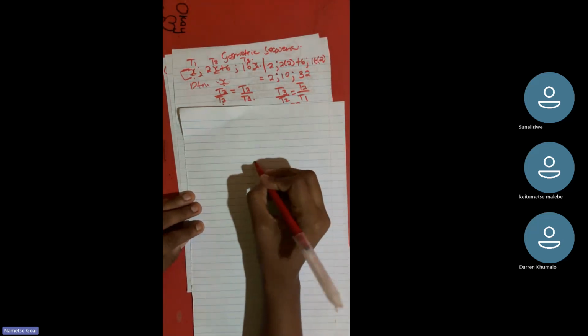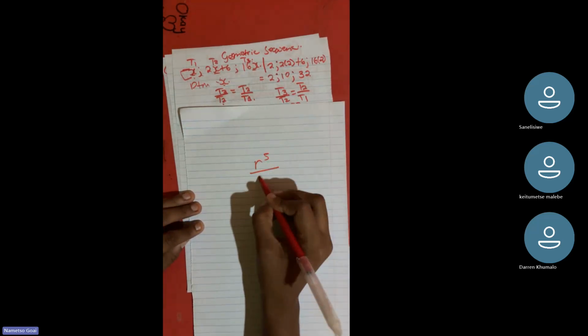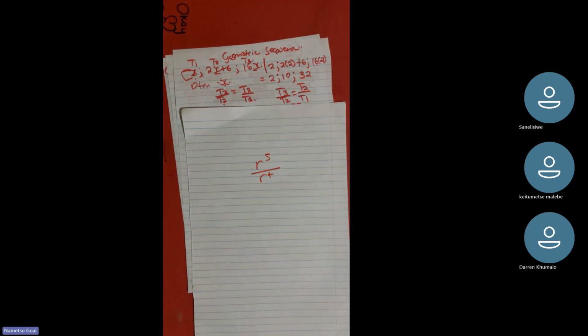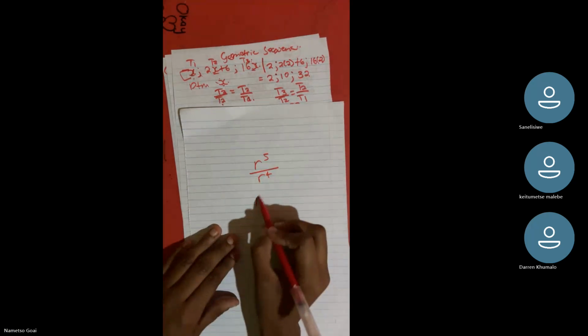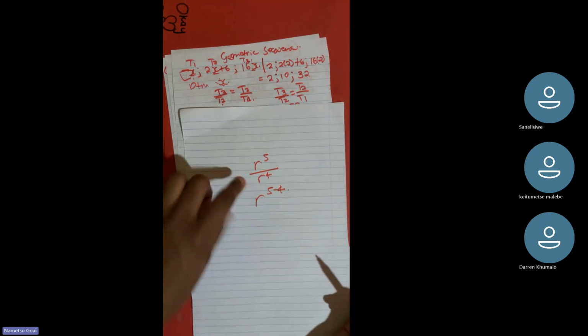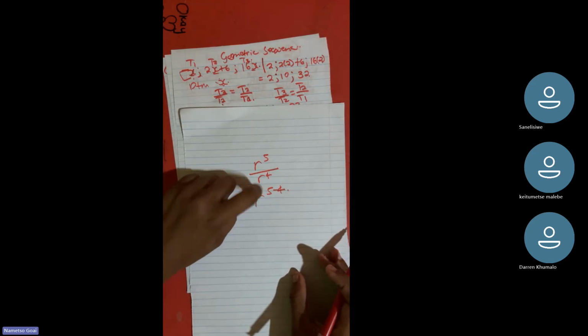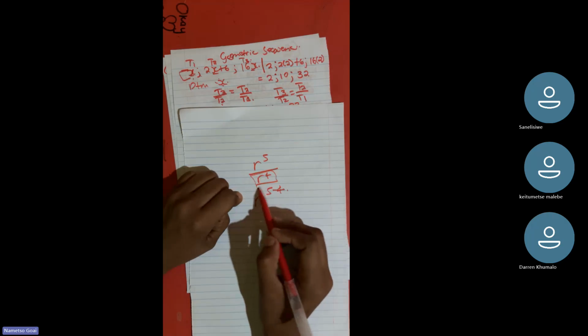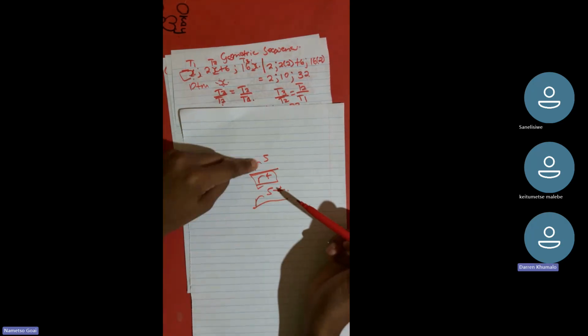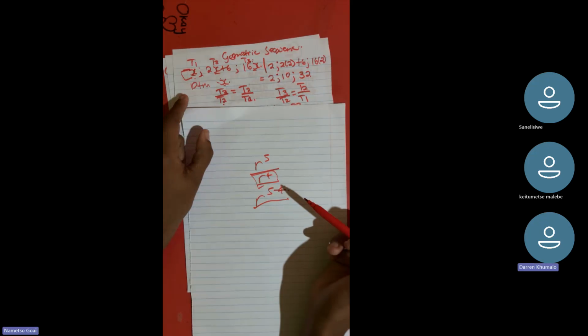If we have R raised to the power 5 divided by R raised to the power 4, this is just the same thing as R raised to the power 5 minus 4, right? If you're trying to bring this to the denominator, this is the effect that it will have on the numerator, right?